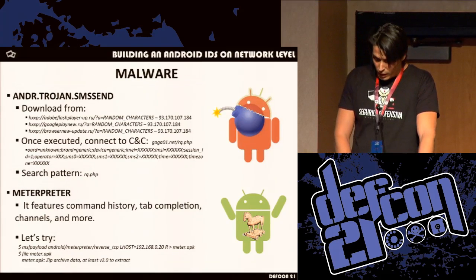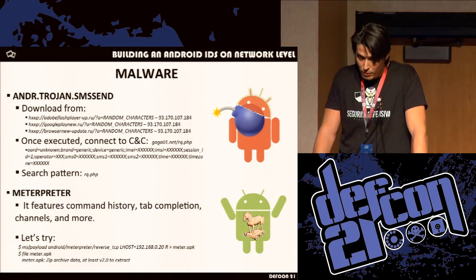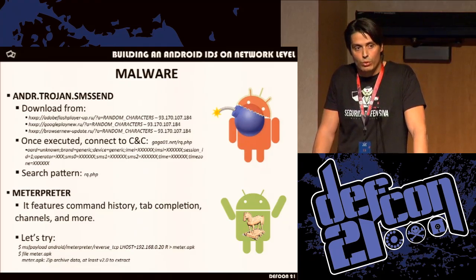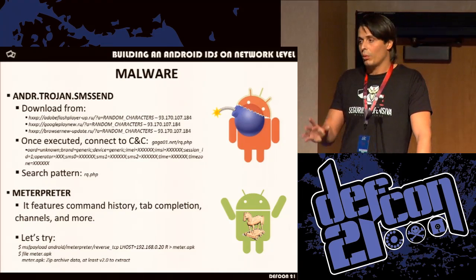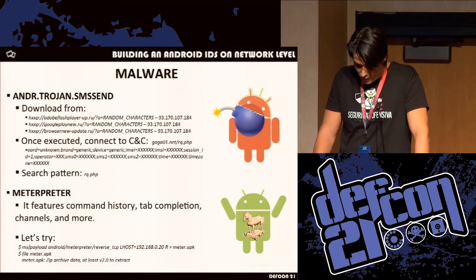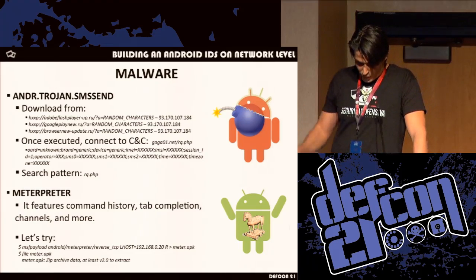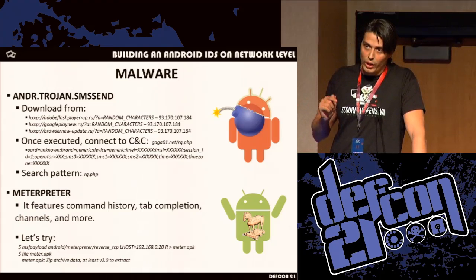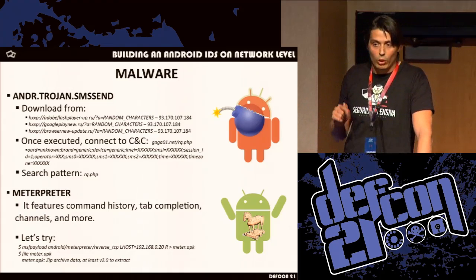The last thing I wanted to deal with was the malware. There is a lot of malware for Android. Almost every malware has a pattern. I've searched, in this case, for SMS send. You can download it from here, and when it gets downloaded, it connects to the command and control server.